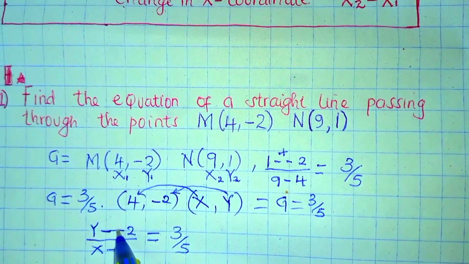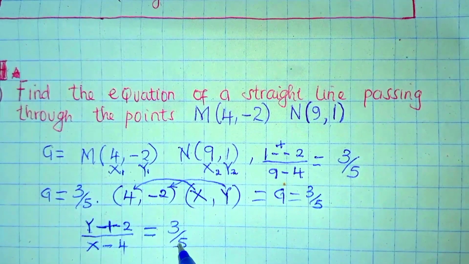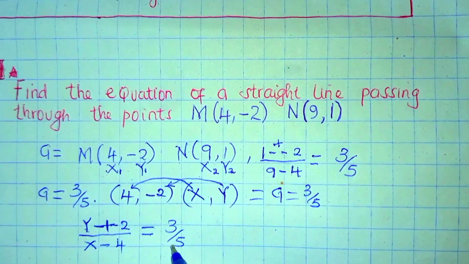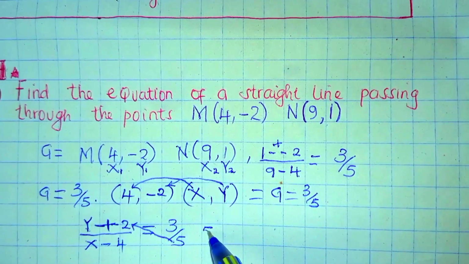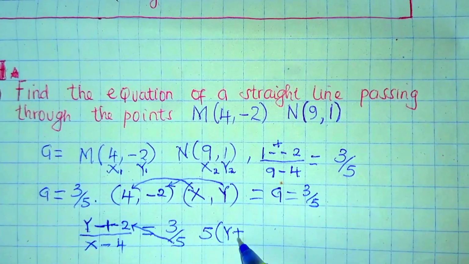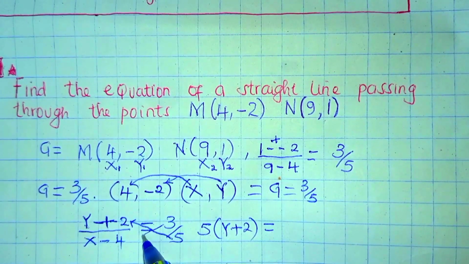The double negative becomes positive, so this becomes y plus 2. Then you cross multiply, such that 5 multiplies y plus 2 equals 3 multiplies x minus 4.